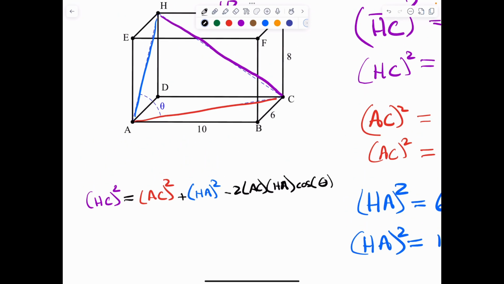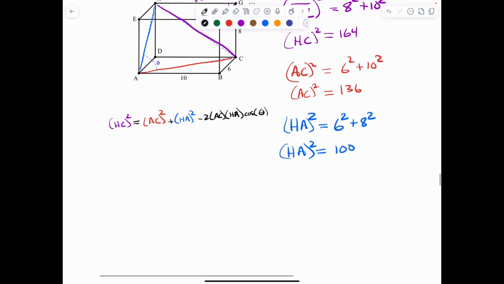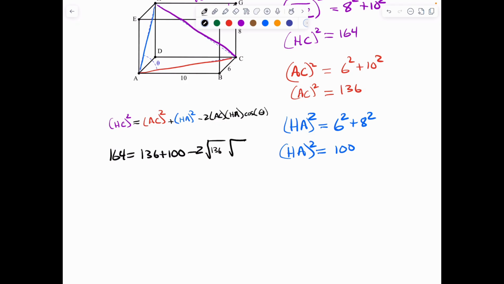You can look that over and make sure it makes sense. Now let's plug in the numbers we know, and we'll do the square roots. So we have 164 is equal to 136 plus 100 minus 2 times the square root of 136 times the square root of 100, cosine of the angle.